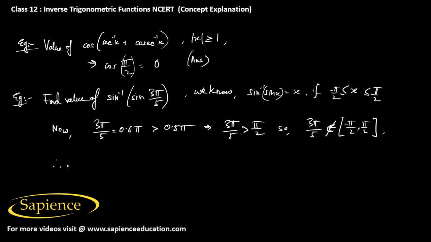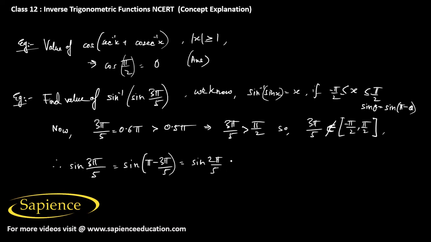Now we know that sine theta is equal to sine of pi minus theta. So we can say sine 3 pi by 5 is equal to sine of pi minus 3 pi by 5, which is equal to sine 2 pi by 5.